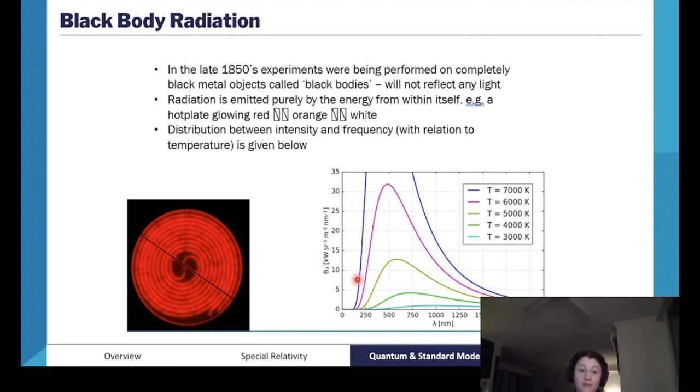As the wavelength increases for this first part, the intensity increases. Then, as the wavelength gets even bigger, the intensity decreases. And obviously, for the higher temperatures shown here, we're going to have higher intensities.